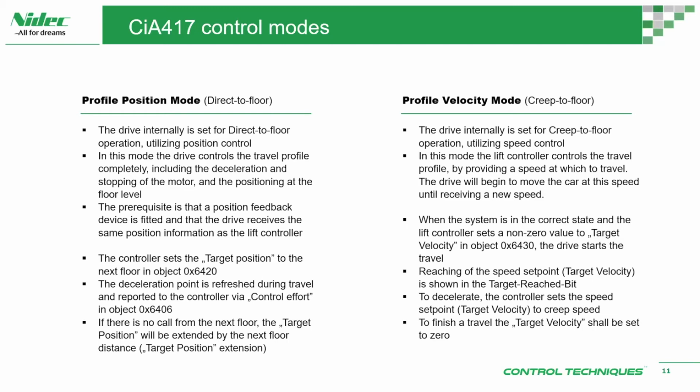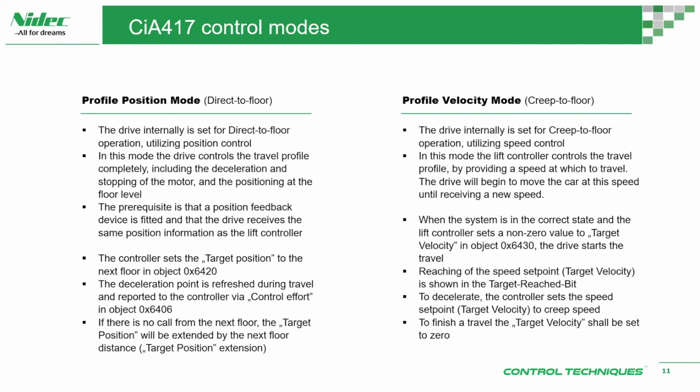The prerequisite of using this mode is that the position feedback device is fitted and that the drive receives the same position information as the lift controller. So this is synchronized between the different devices. The controller sets the target position to the next floor in object 6420.